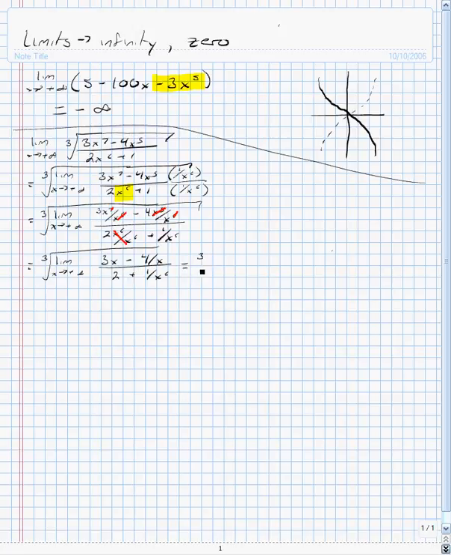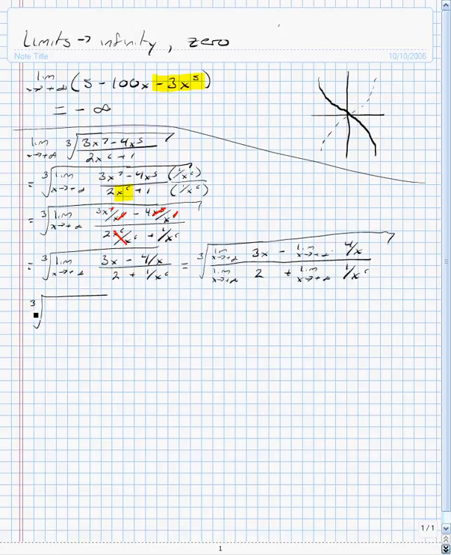So we're going to move that limit in once again using one of our laws of limits: the limit as x approaches positive infinity of 3x minus the limit as x approaches positive infinity of 4 over x, all over the limit as x approaches positive infinity of 2 plus the limit as x approaches positive infinity of 1 over x to the sixth. Move that all within that. Okay. Now we'll evaluate each one of these limits to see what we get.